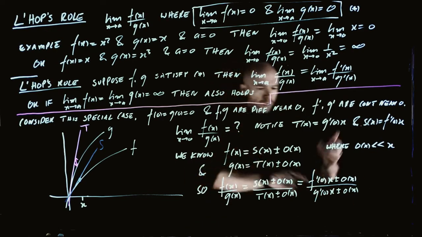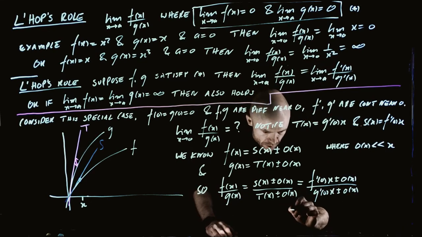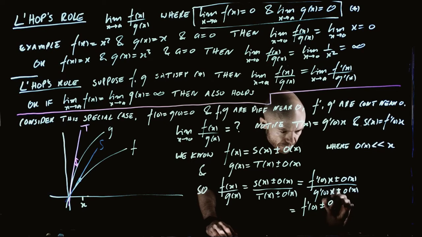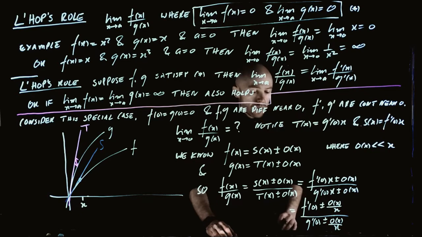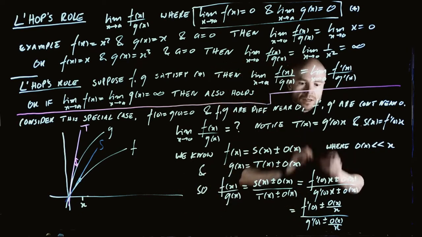And then we divide both top and bottom by x. Yeah, because we're taking the limit as x goes to 0, so x actually is not equal to 0.